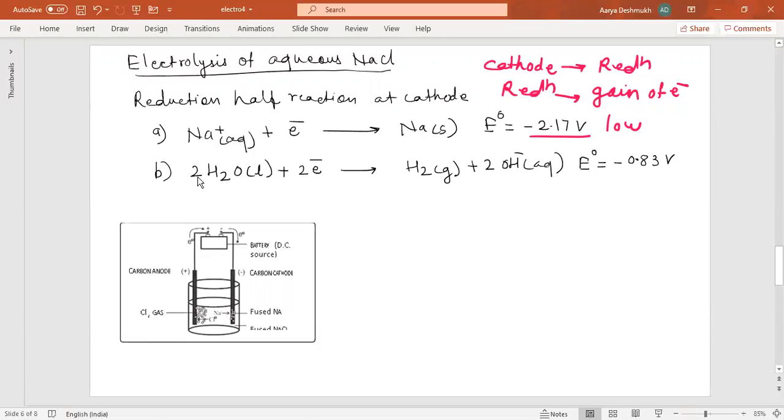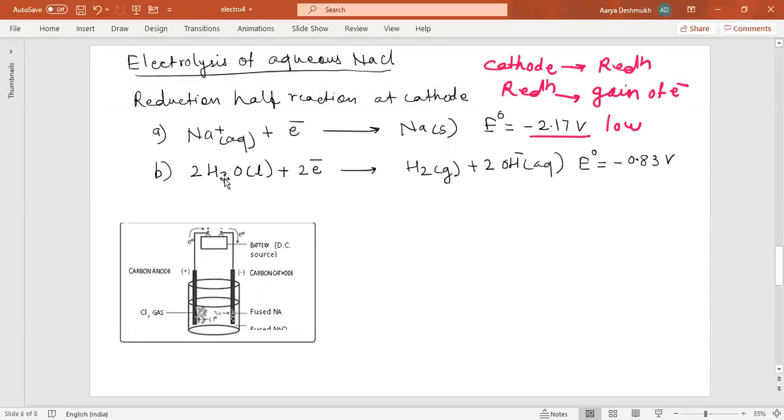Now we have to think about the water molecule also, because we are using aqueous NaCl here. So this water molecule will accept an electron to produce hydrogen gas. Remember, these are the reactions occurring at the cathode, and cathode means there should be reduction.